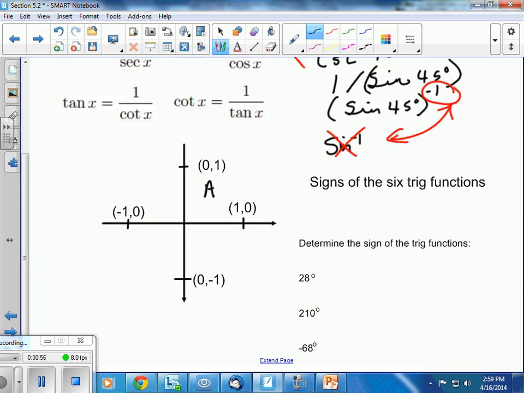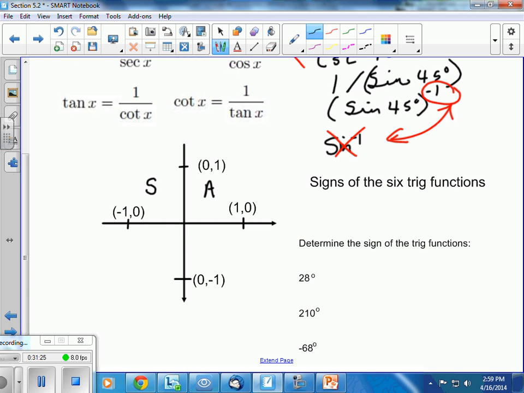When we get now to quadrant 2, we have to think about which is a negative value. Is it x or is it y? Since it is the x value that is negative, the function that is going to be positive there is sine, and of course its reciprocal. Getting down to the third quadrant, x and y are both negative.